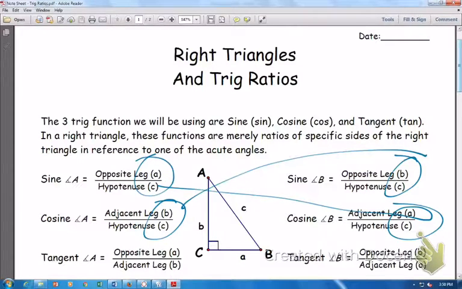Now, tangent from one angle to the next is just reciprocals of each other. That's the definition of sine, cosine, and tangent. They are ratios of side lengths, but we're using the angles to find those values. We'll talk a little bit more about that in just a second.